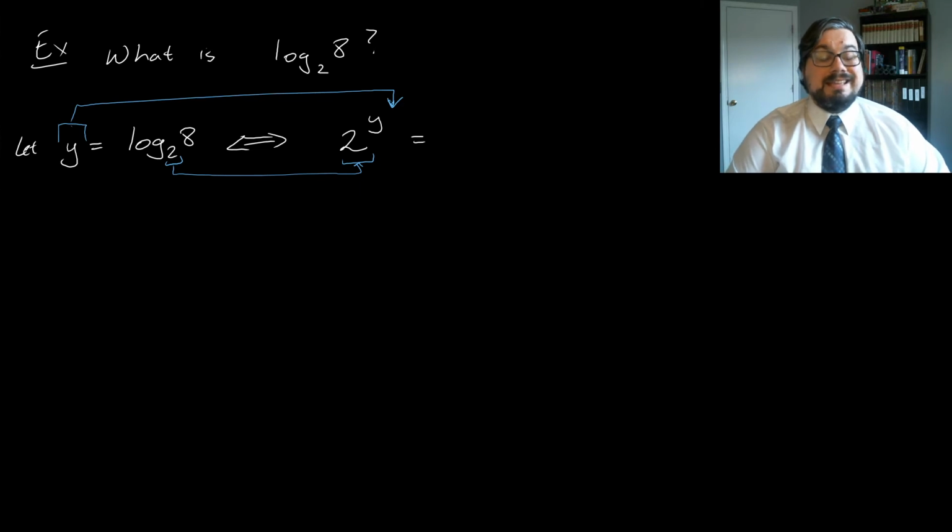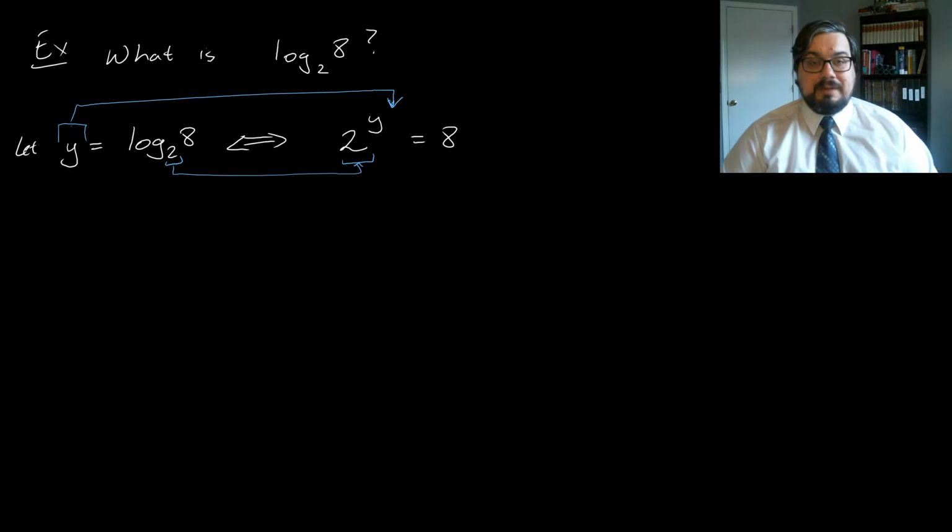And then finally, the input to the logarithm is the output to the exponential equation. So if y is log base 2 of 8, this quantity we're trying to figure out, then that's the same as saying that 2 to the y equals 8. Those are completely equivalent statements.